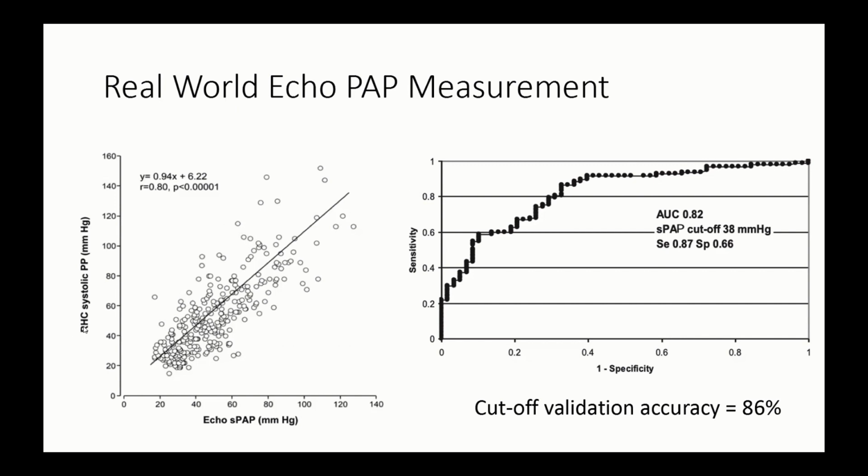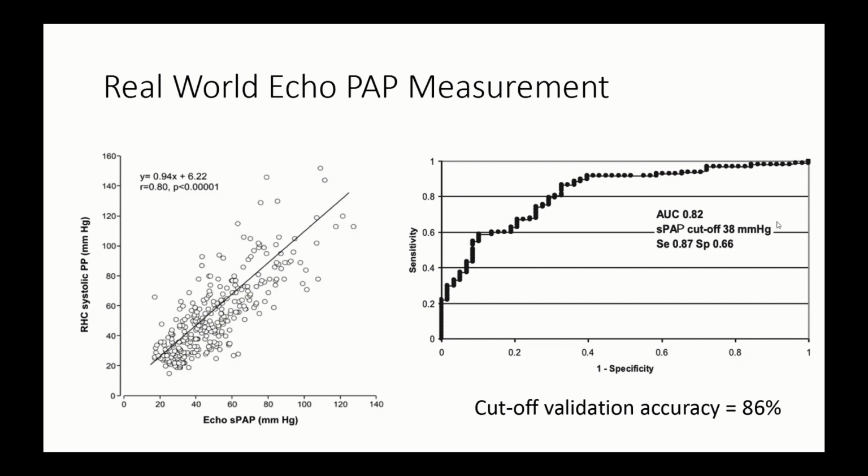And they compared right heart cath systolic pressure, so systolic pressure to systolic pressure comparison by echo, and the relationship was reasonably tight. You had an R value of 0.8, with a significant p-value, and also using half of the population as a subset to create the ROC curve.